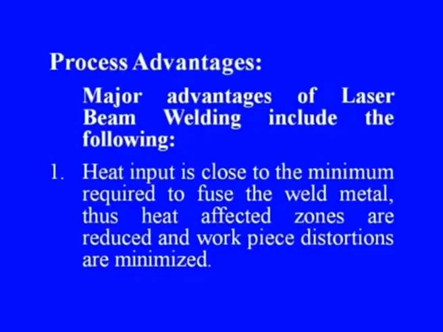Now, let us look at the major advantages of the laser beam welding process. So, this includes the following. Number 1, heat input is close to the minimum required to fuse the weld metal. Thus, heat affected zones are reduced and workpiece distortions are minimized, as we have already spoken about.